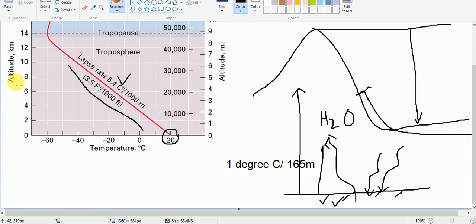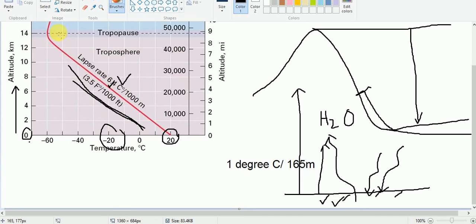See here, this side represents altitude. We have the sea level here. So when we ascend towards the sky, temperature is decreased. See here, at 7 kilometers above the ground, temperature is minus 20 and so on.